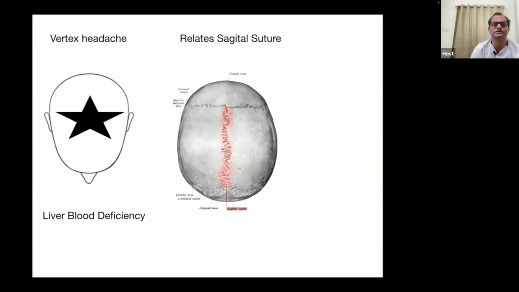What is the diagnosis? The diagnosis is liver blood deficiency, or liver imbalance, maybe some other imbalance.